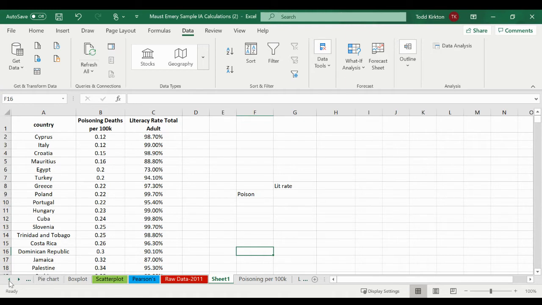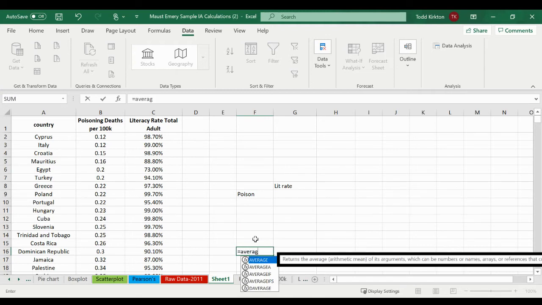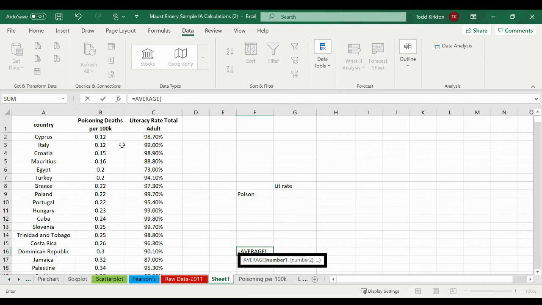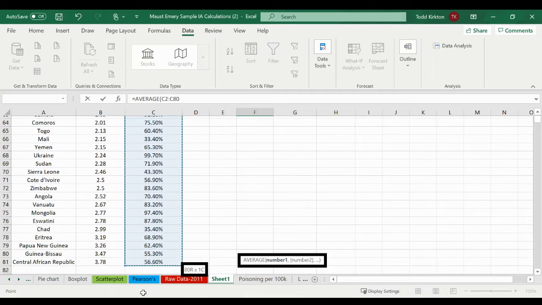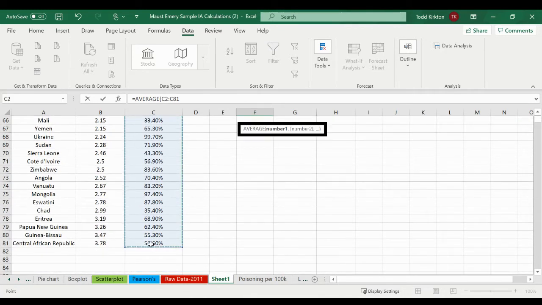And so what I can do is find some of the values here. So let's say I want to find out the mean of the literacy rate. I can also look back on my page and find it, but I'm just going to do it since it's right here. It's in your one variable descriptive statistics.